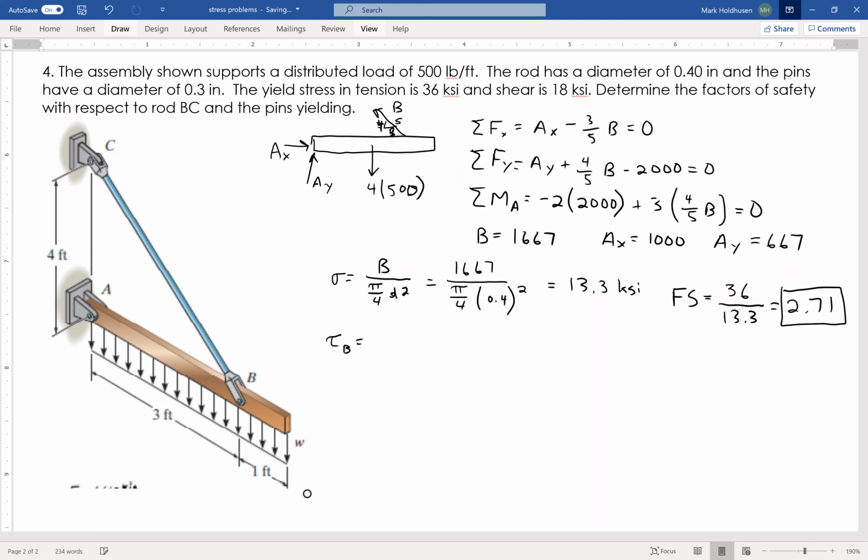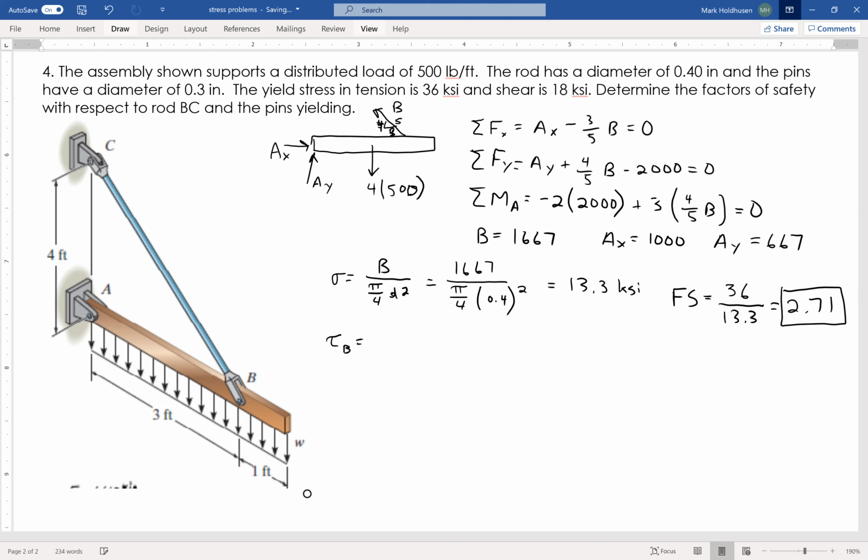Okay, so now let's go ahead and do the shear stress on B, right? So now this is pin B, which has a diameter of 0.3. So that's going to be that shear force, and now this is a double lap joint again. You've got that fork there, so half of B is seen on either side of that pin.